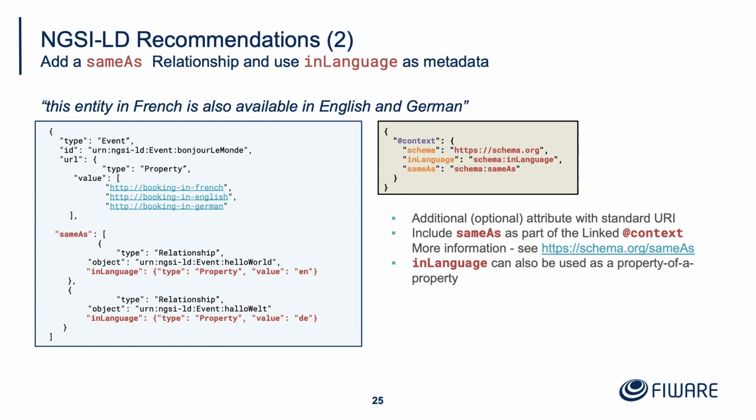Again, this is standard defined within schema.org, and that in turn would have relationships which would have an in-language for each value. It allows you to query across multiple systems in a standard way without disrupting your data models.